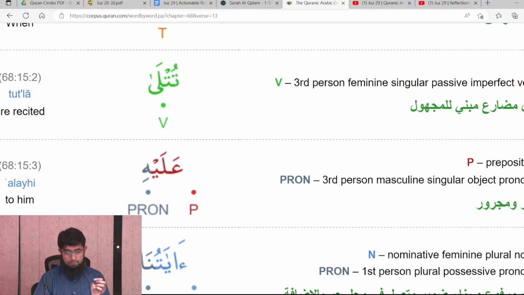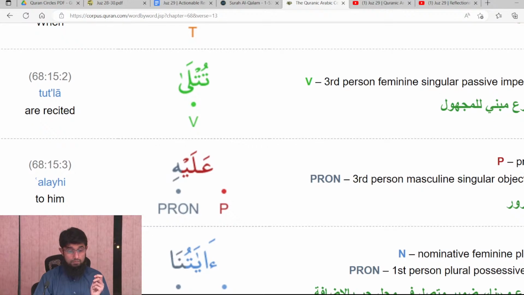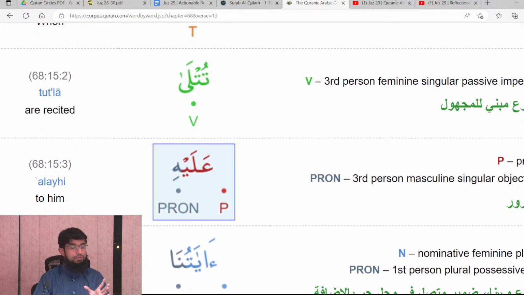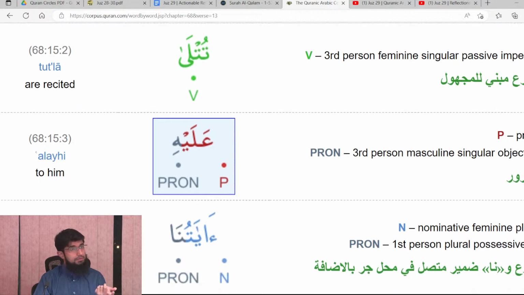So it goes with the preposition. Yes. So ala is denoting preposition, right? Yeah, ala is on. Okay. And he is him.